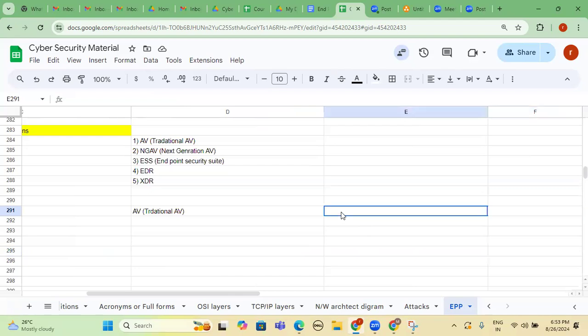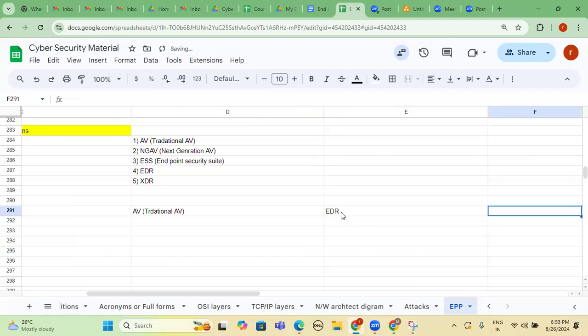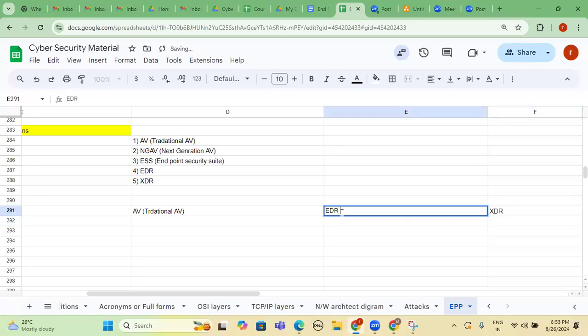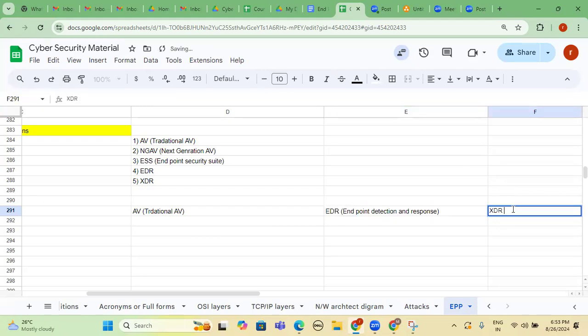So second one is EDR, third one is XDR. EDR full form you know already, endpoint detection and response. And XDR, extended, nothing but advanced capability. What are those advanced capabilities we can see now?